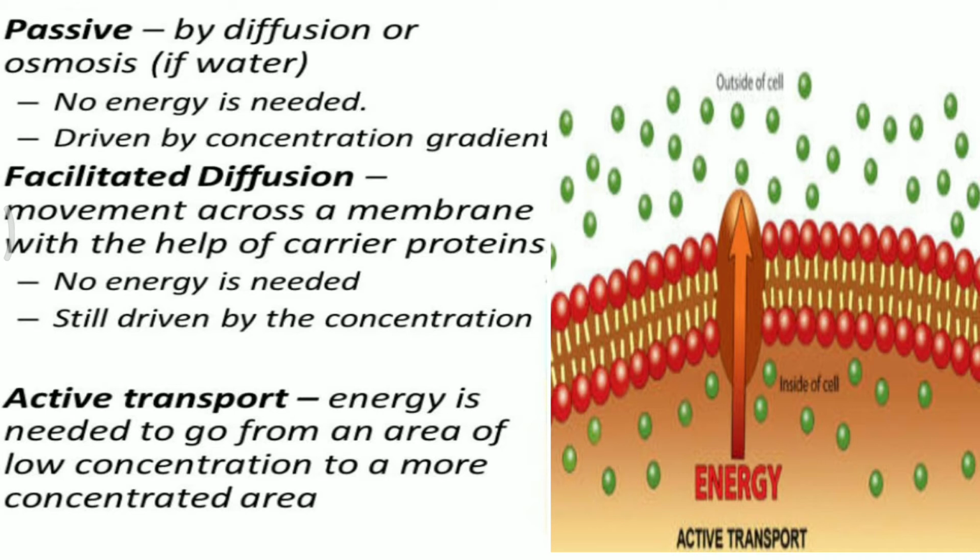What about facilitated diffusion? Facilitated diffusion is the movement along the same concentration gradient, but here we require certain molecules which will help in the process. They can be channel proteins, they can be carrier proteins, and there will be no requirement of energy. Just certain molecules will be there helping in the process, so that the movement of water molecules can take place within the cells with the help of certain porins.